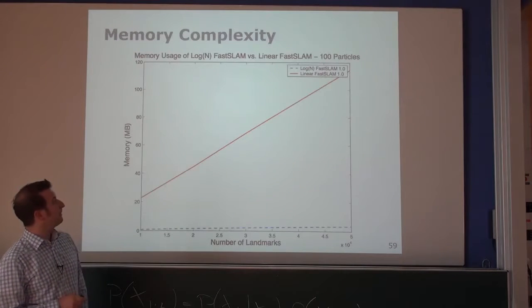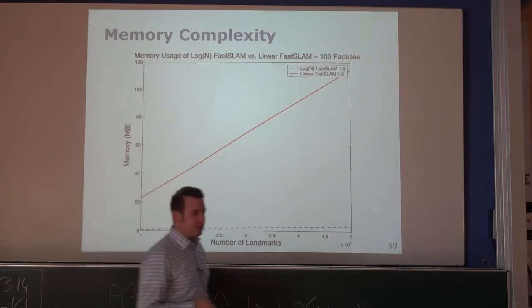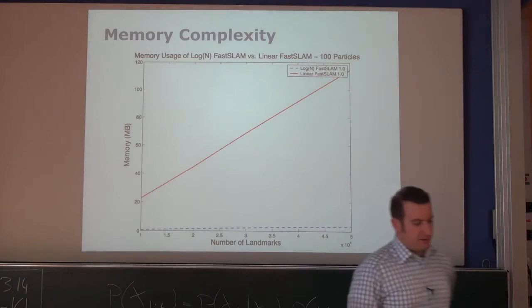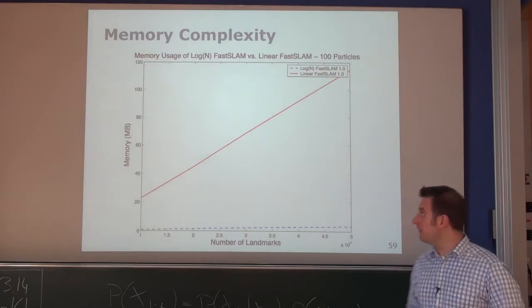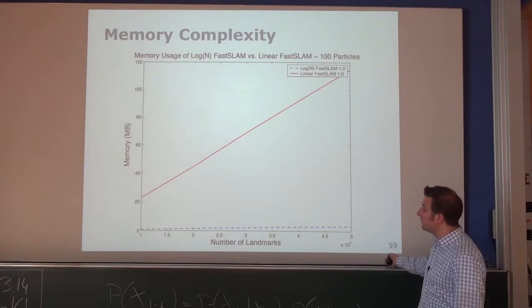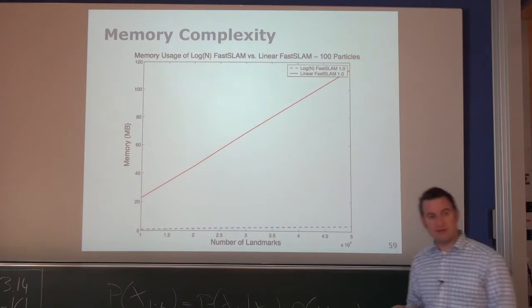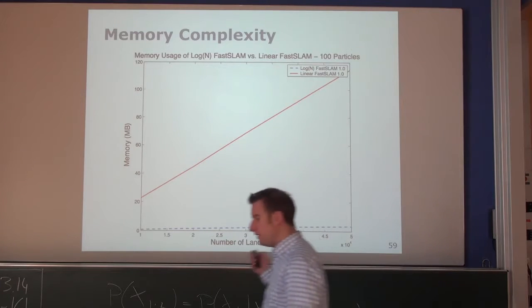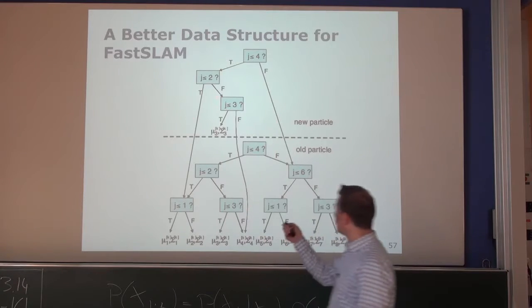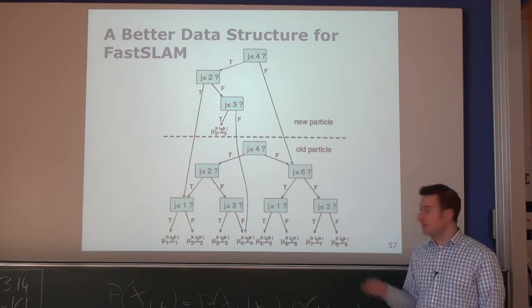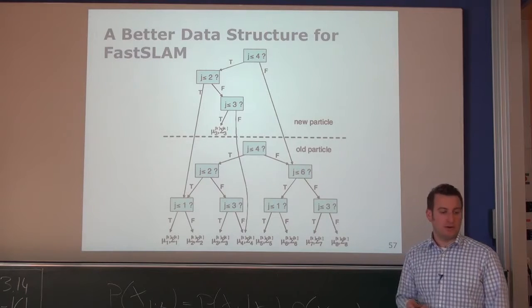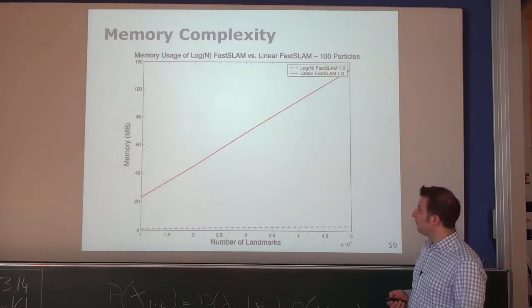Okay. Let's look at the memory usage of this algorithm. The memory usage is dramatically reduced by using this smart tree structure because you don't need to replicate the landmark estimates for all particles.